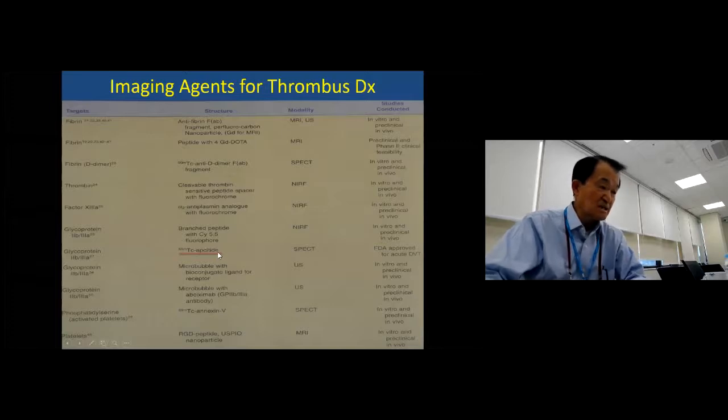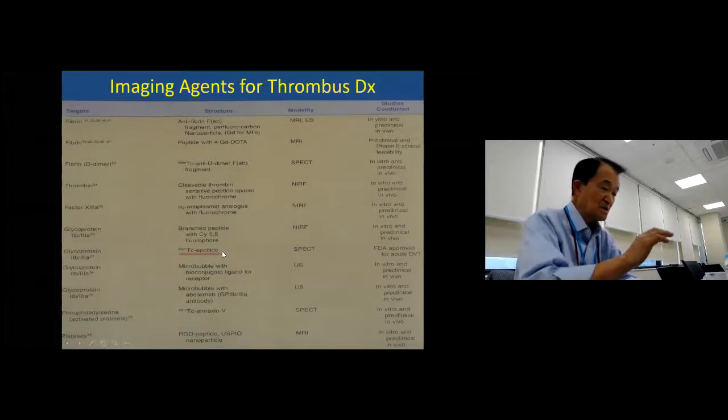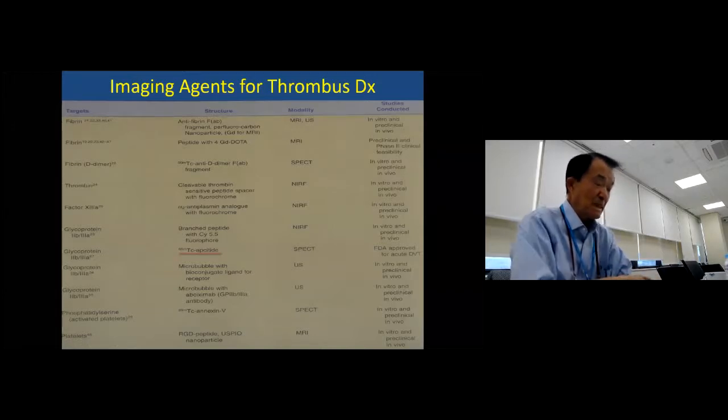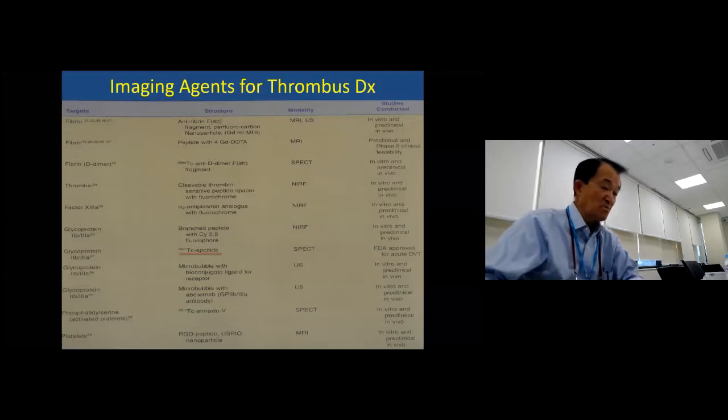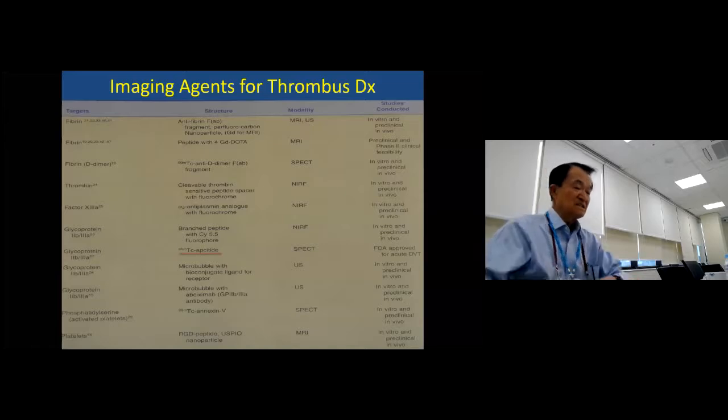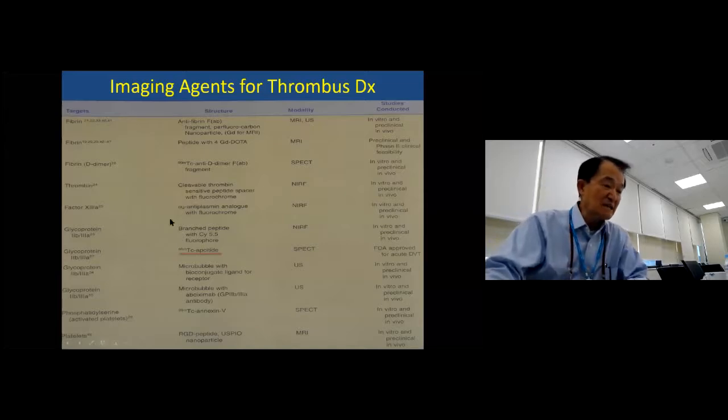If we inject and then take an immediate dynamic picture, you can evaluate mechanical obstruction of the venous or arterial system. After you wait 1 hour, all the activity should be washed out from the normal vascular system. But if there is retained activity, that indicates a relatively acute blood clot, because of platelet accumulation.